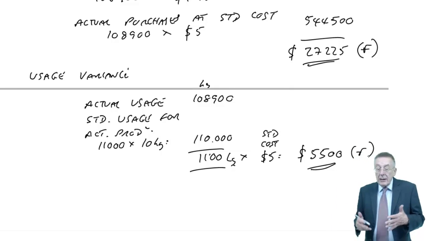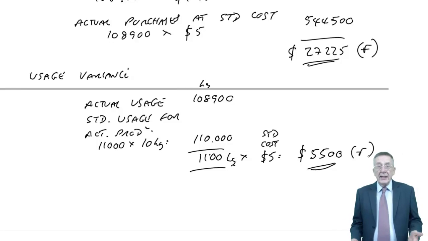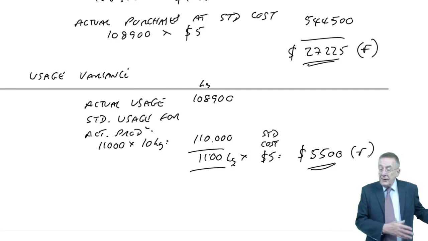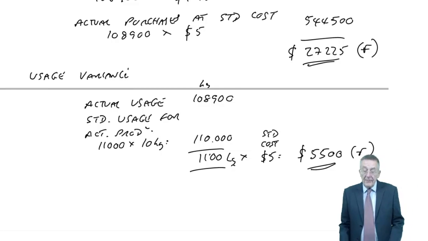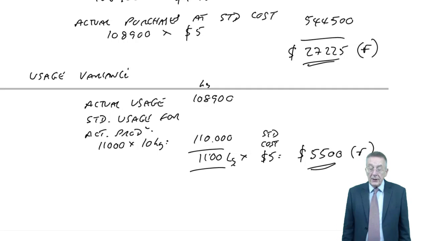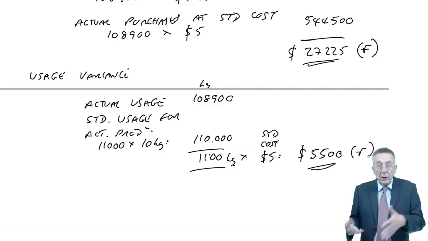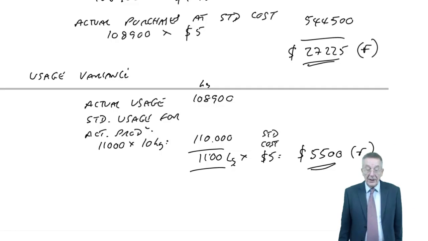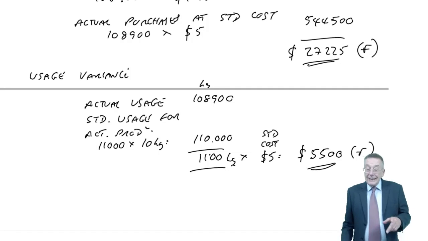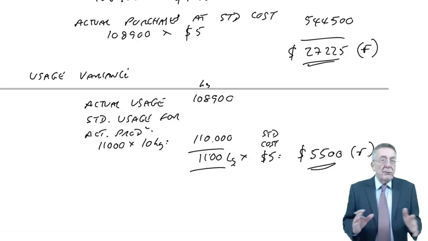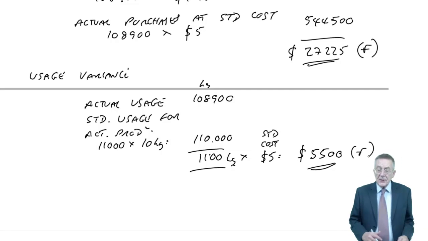But of course, why are those variances occurring? And I chatted in the previous lecture about different reasons that could have accounted for the variance. Favourable or adverse, we want to know what's gone wrong or what's gone good. But it boils down to really two separate issues.